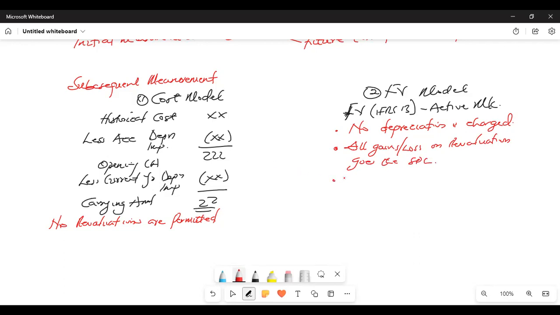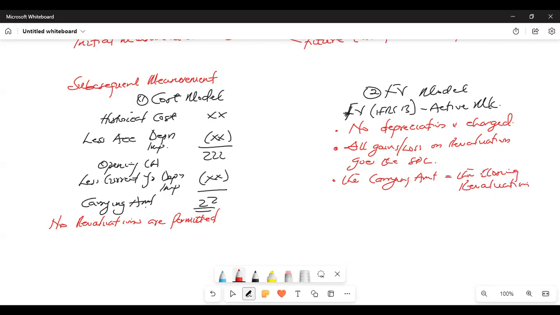Key point number 3. The carrying amount of the asset, like for this one, is equal to the closing revaluation. So the last revaluation that they did becomes the carrying amount. All right, so take note of that.